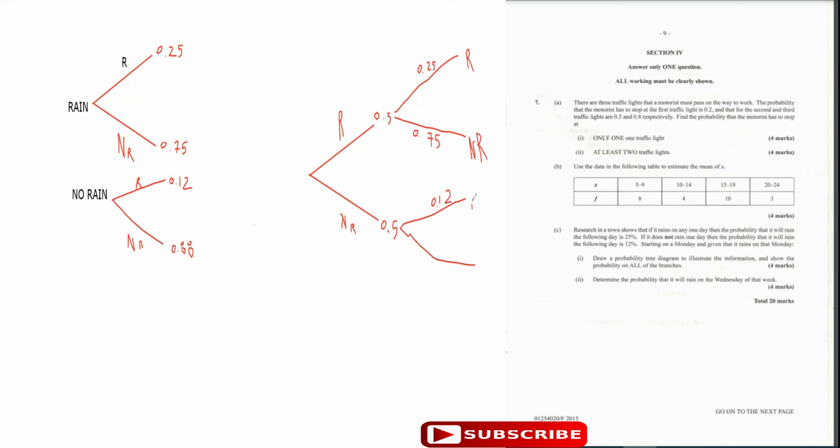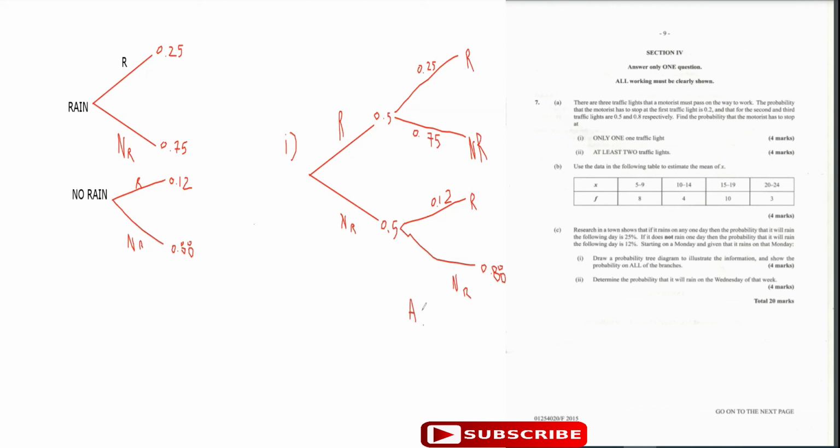This is for it to rain. And then the chance of no rain is going to be 0.88. So that's part I, nice and easy. This is the tree diagram. This is the answer for part I.